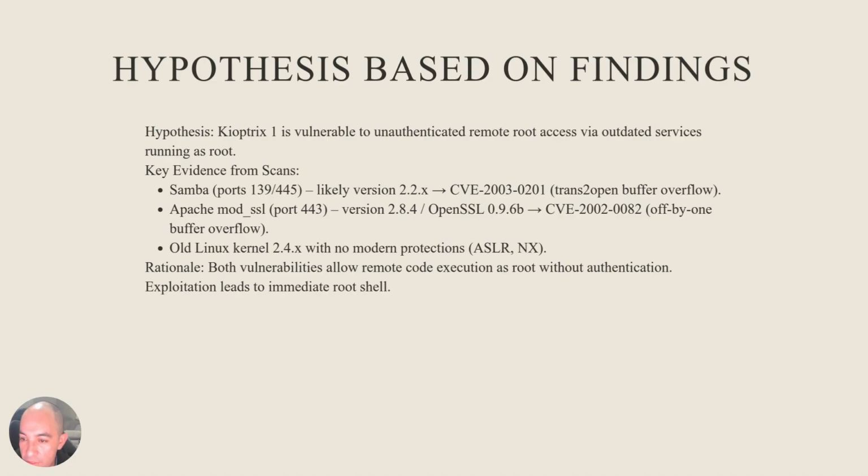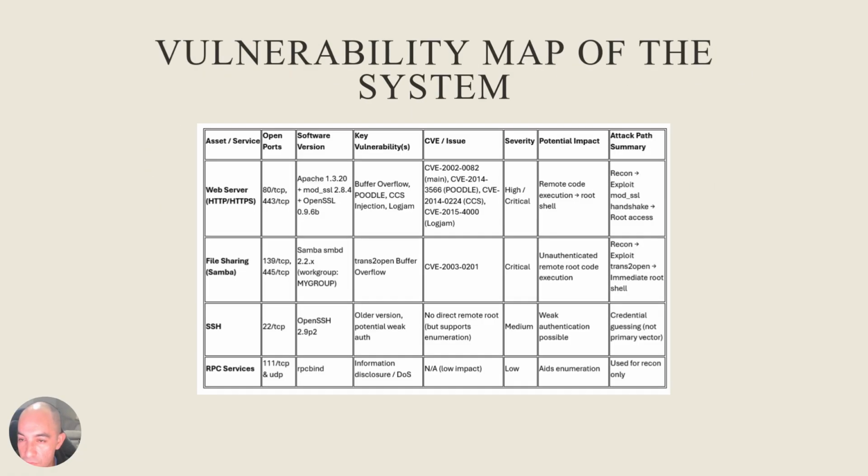Rationale: both vulnerabilities allow remote code execution as root without authentication. Exploitation leads to an immediate root shell. In conclusion, updating or patching the services may remove the root compromise, which is straightforward.